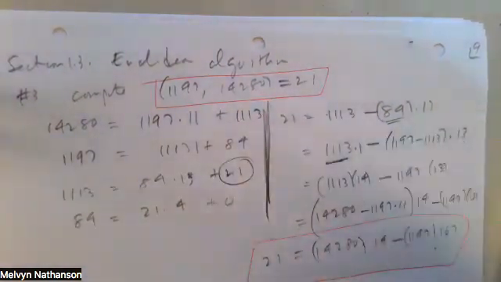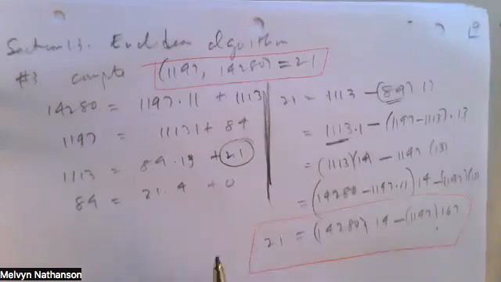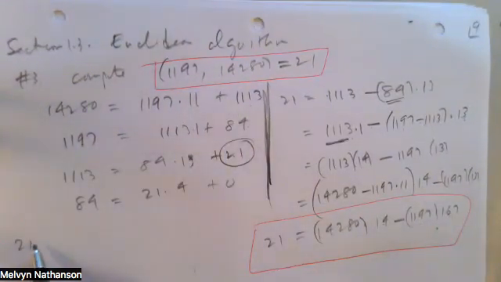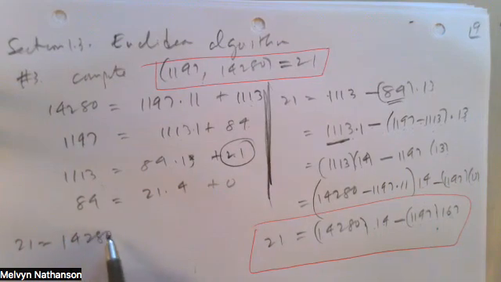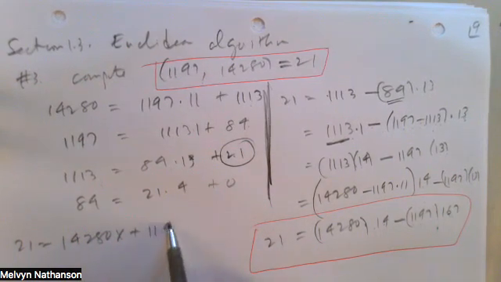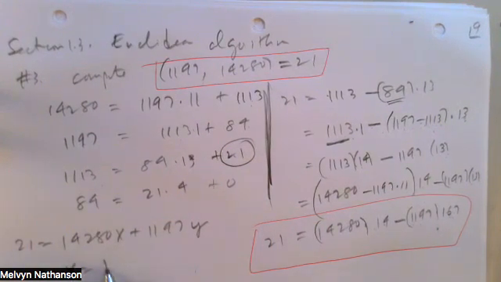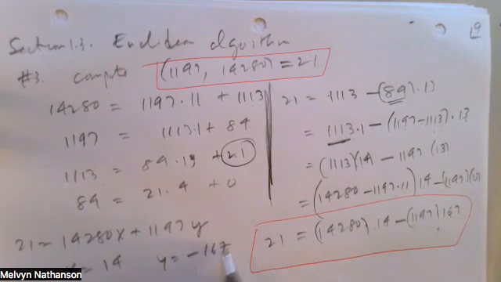So this is correct. If I want to write this greatest common divisor 21 as a linear combination 14,280x plus 1197y, the solution is x equals 14, y equals minus 167.